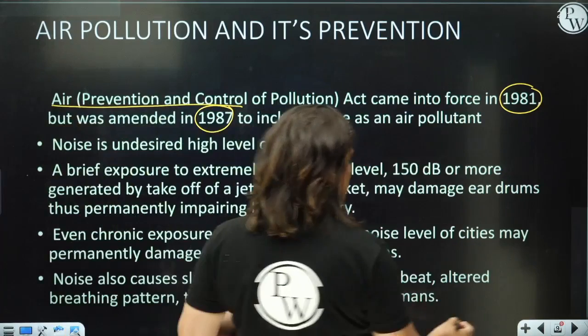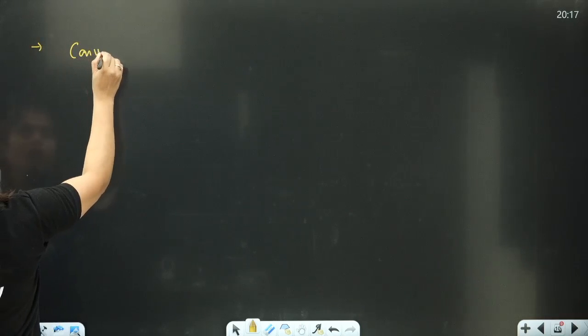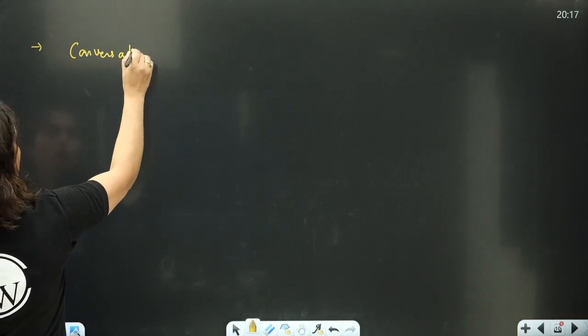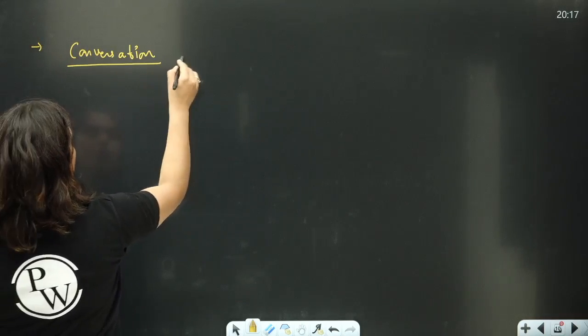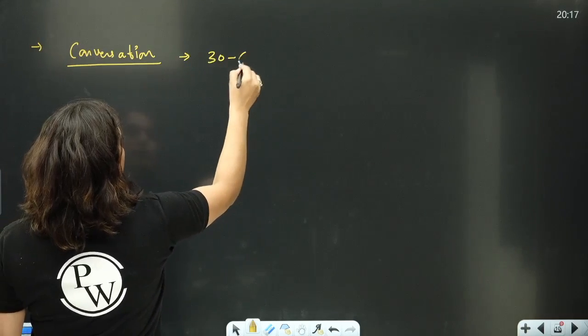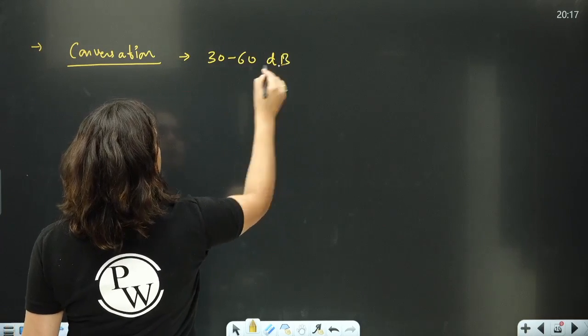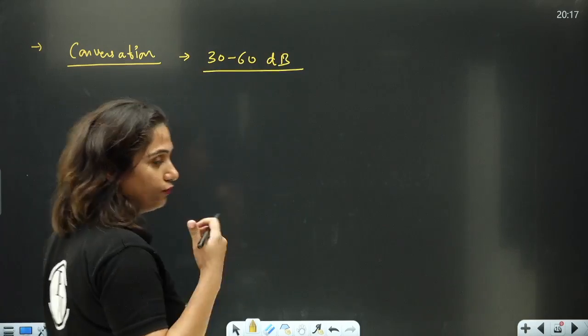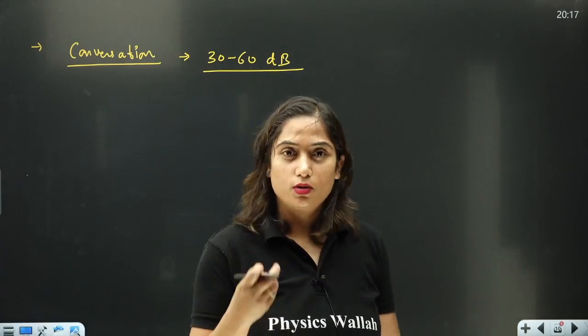If I tell you something about noise, in general conversation, when we talk to each other, we use 30 to 60 decibels.